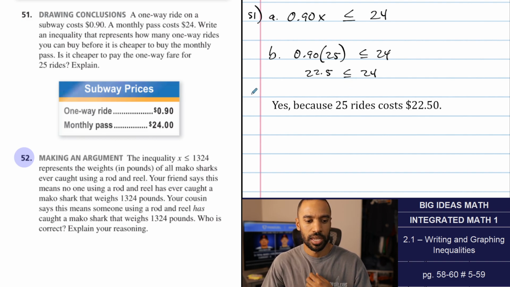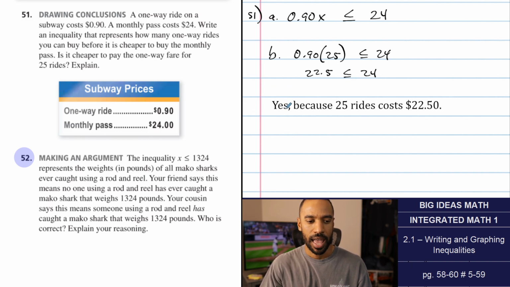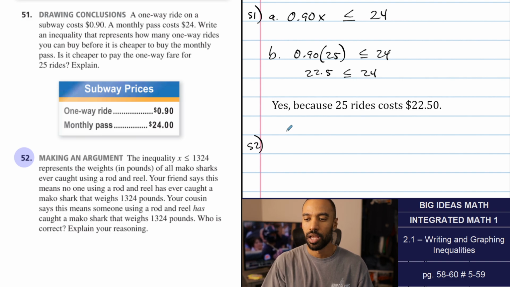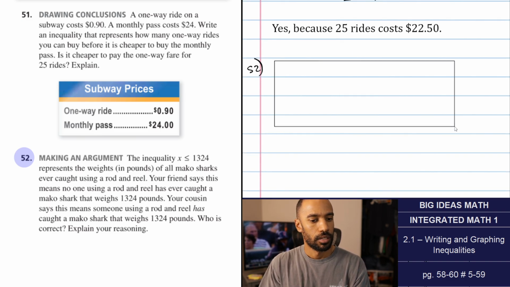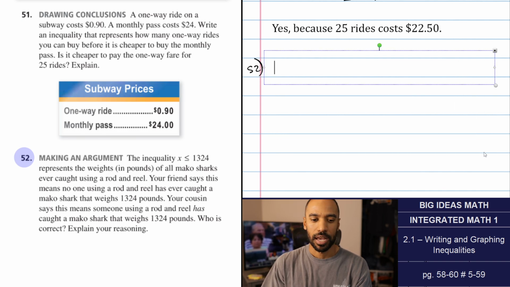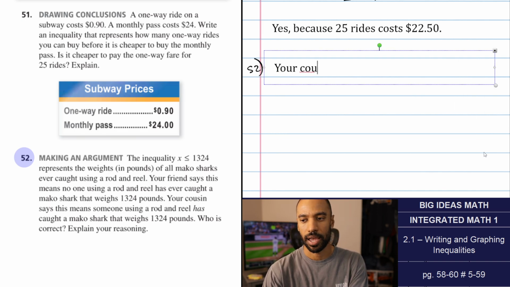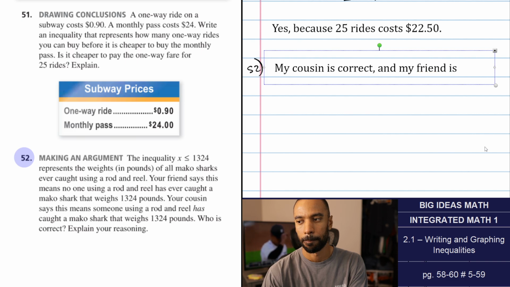Your cousin says this means someone using a rod and reel has caught a mako shark that weighs 1,324 pounds. Who is correct? Explain your reasoning. Your cousin's correct, and your friend is not.